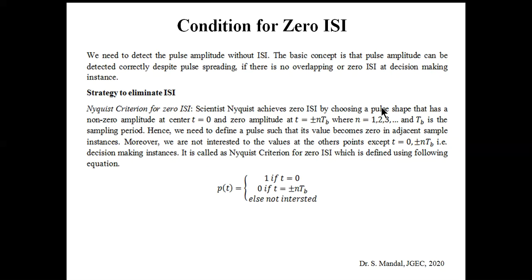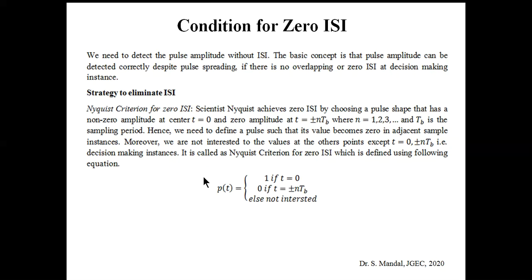Normally we use the rectangular pulse for line coding, but here we can use a different pulse shape instead, where we get non-zero amplitude at the center, t equal to 0, and 0 amplitude at t equal to plus or minus nTb, where n equals 1, 2, 3, and Tb is the sampling period.